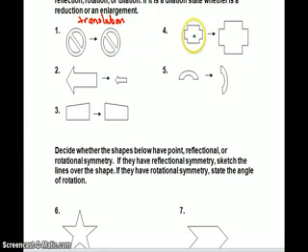This one right here, we're going from here to this one. It's getting bigger, so that's going to be an enlargement. You don't have to write that it's a dilation and an enlargement, because we know if it's an enlargement, it was a dilation. This one, shrinking, so that one's going to be a reduction.